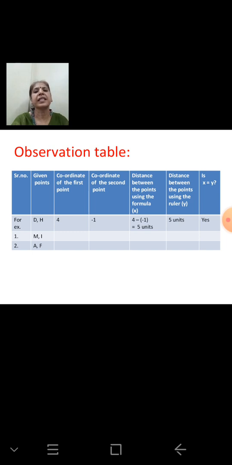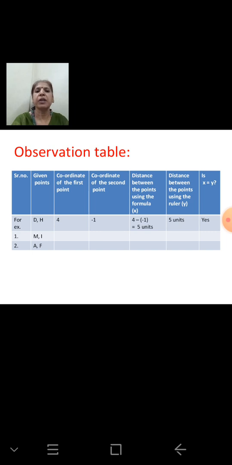So first here one example is given and the given points are DH. It means you have to find the distance between the points DH. Now coordinate of the first point, if you observe the number line, you will get it, it is 4. Next is the coordinate of the second point, that is H, and its coordinate is -1.